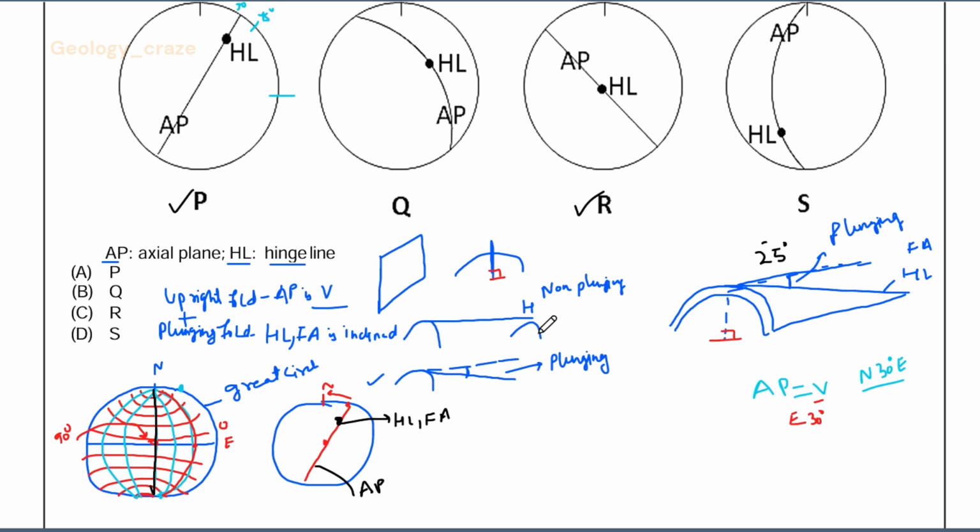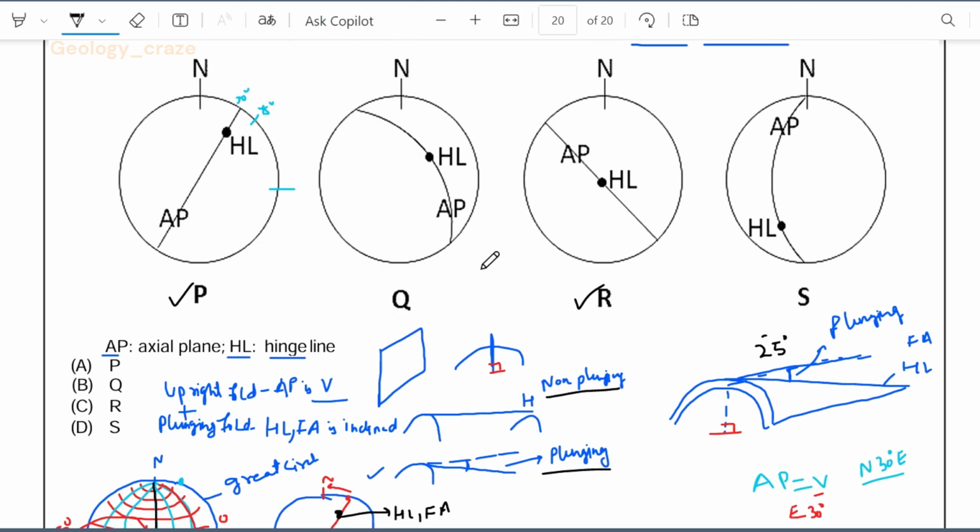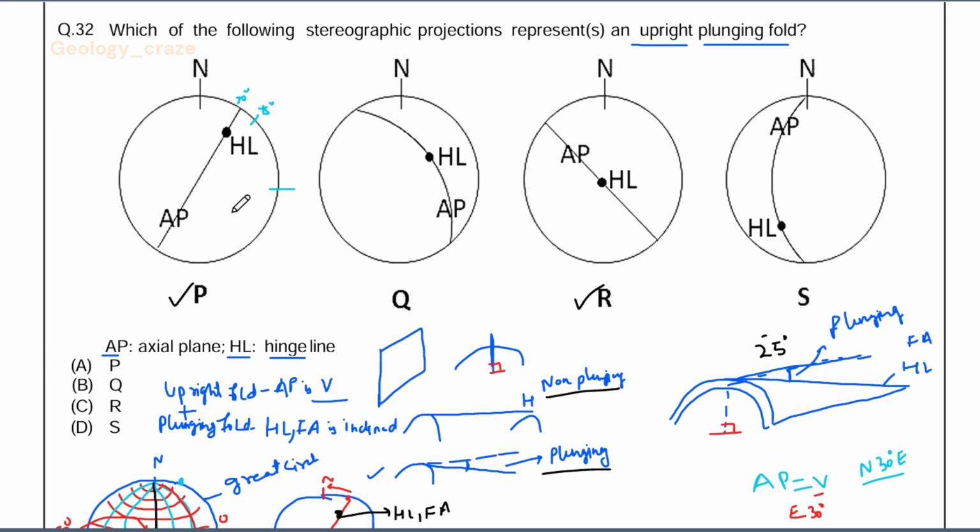In this case it's non-plunging, it should have some plunging. So our point should be within the circle.